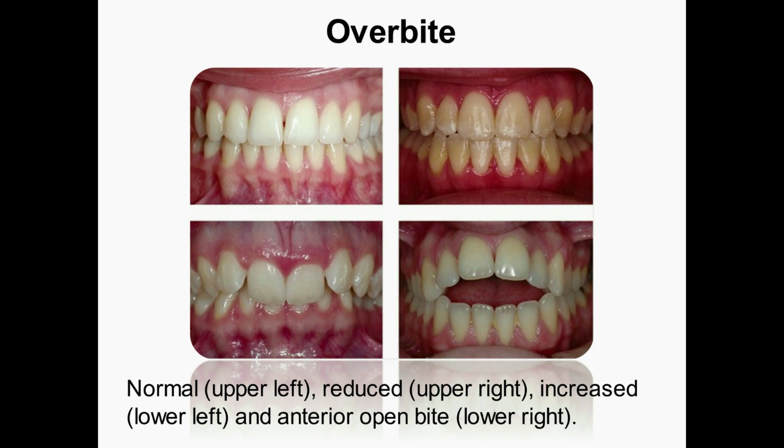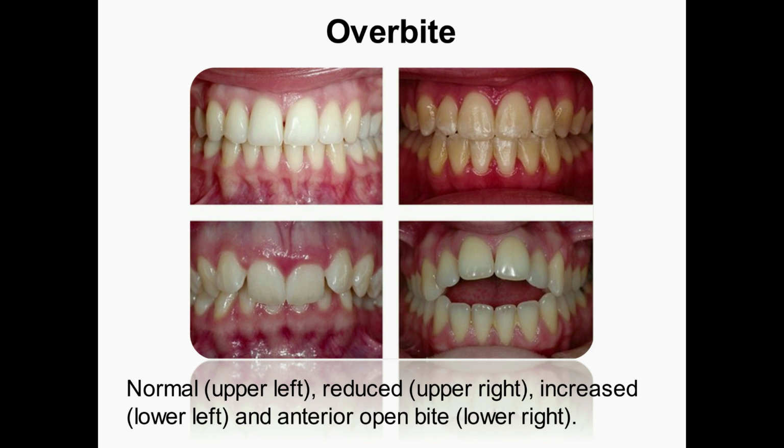Overbite is described as increased if the maxillary incisors overlap the mandibular incisors vertically by greater than 1/2 of the lower incisors' crown height. It is described as reduced if the maxillary incisors overlap the mandibular incisors by less than 1/3 of the lower incisors' crown height.